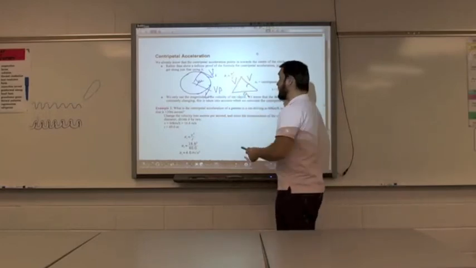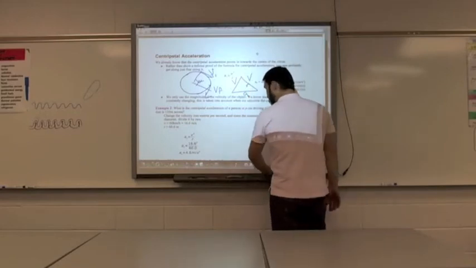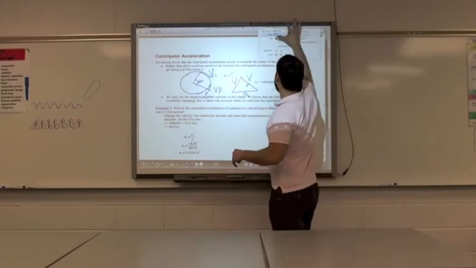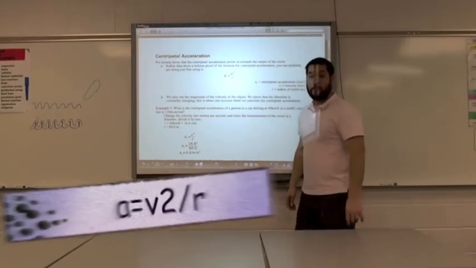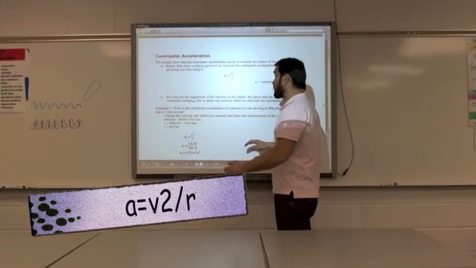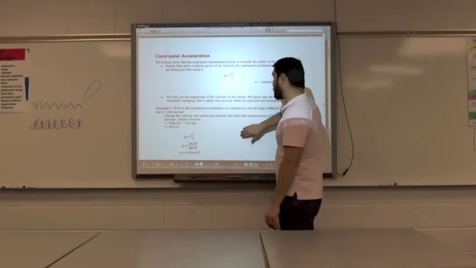So you're basically saying a is equal to v squared over r. That's where it comes from. It's a pretty in-depth proof, but again, we don't need to worry about that. So we get a is equal to v squared over r. So it's related to change in velocity squared divided by the radius.